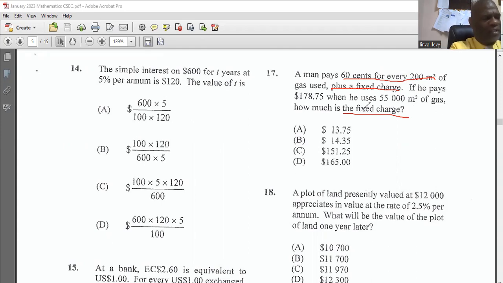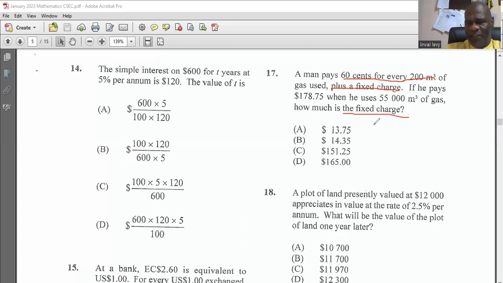All right, so let's do that. Now let's look at it. So we are going to divide 55,000 by 200, right? Because it says it's 60 cents for every 200 meter cube.